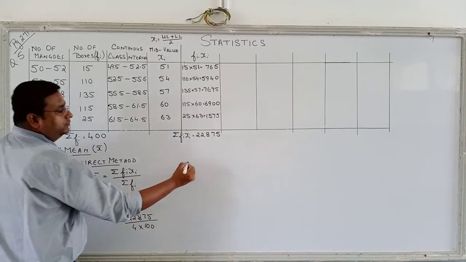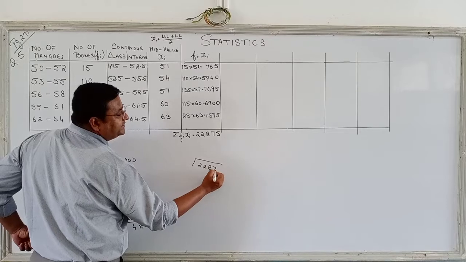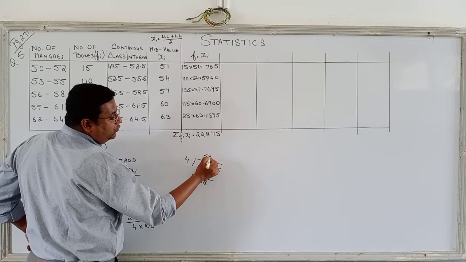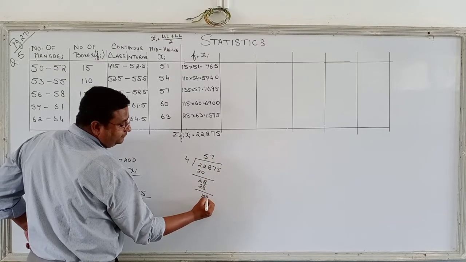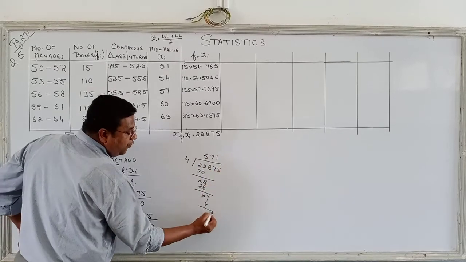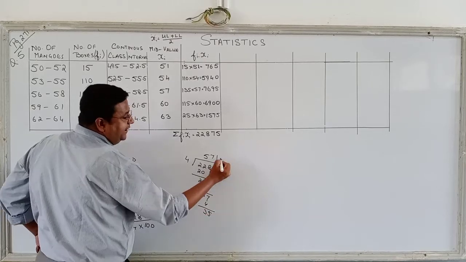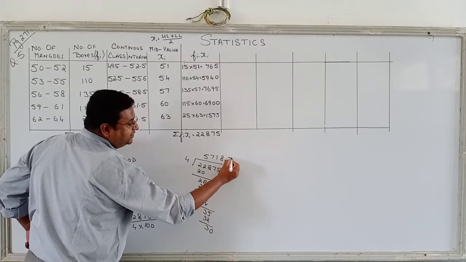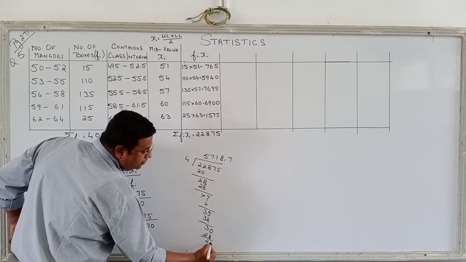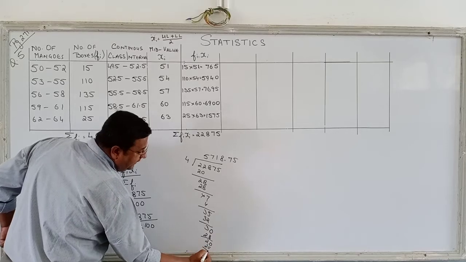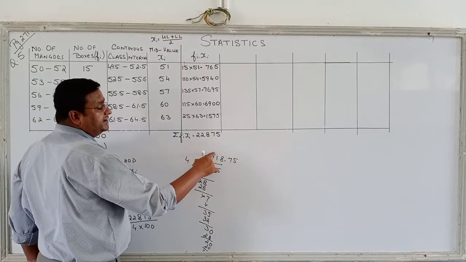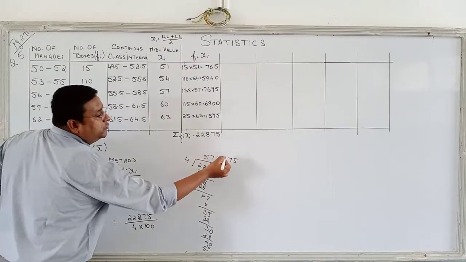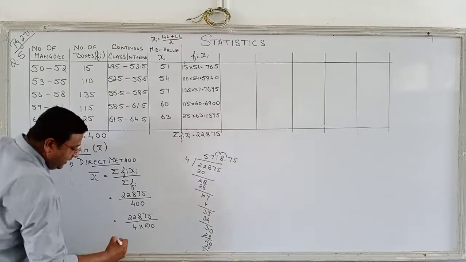Now we divide it by 4. 22875 divided by 4. 4 5s are 20. 2 8. 4 7s are 28. 7. 4 1s are 4. 3. Bring down 5. 4 8s are 32. 3. Decimal. 0, 4 7s are 28. 2 0, 4 5s are 20. So it is 5718.75 upon 100 was there, so decimal will go 2 more places over here. So it becomes how much?